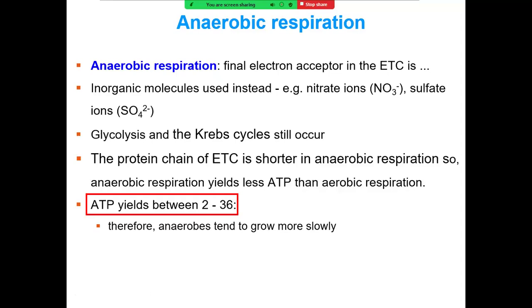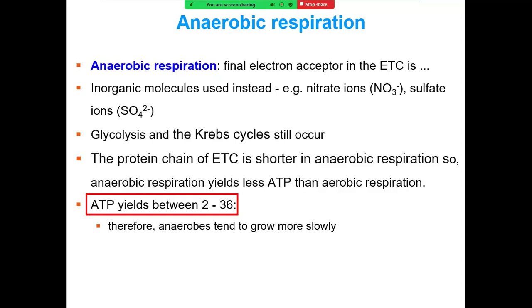The exact amount of ATP will depend on which form of anaerobic respiration we're talking about. Some of them are more efficient, and the most efficient you can get is 36 molecules of ATP per molecule of glucose. The least efficient is something like 4 molecules of ATP per molecule of glucose. It's always greater than 2 and 36 or less.